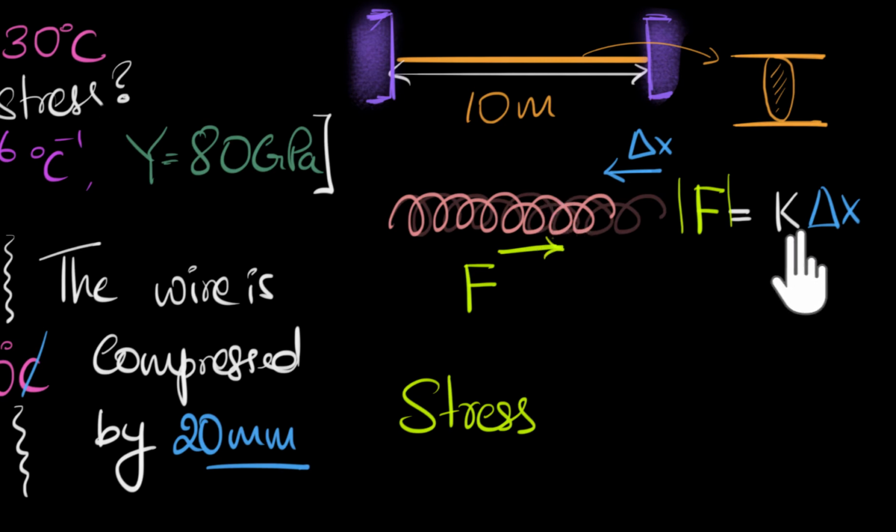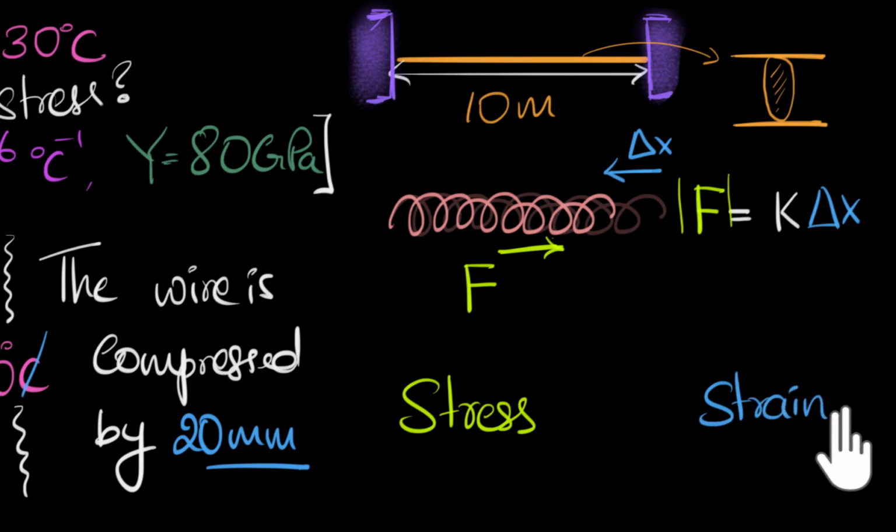All right. And just like how over here this restoring force is proportional to the amount of compression, it turns out that the stress is proportional to the amount of compression per unit length. And we call that quantity strain.